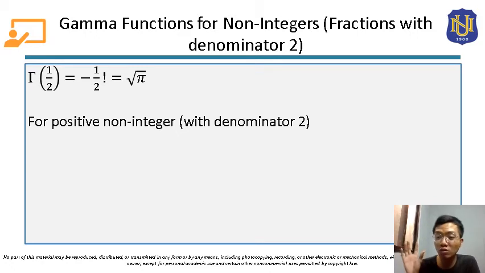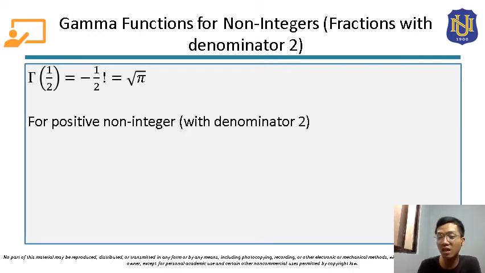We are going to use that in solving for the Laplace transform, because we know that the Laplace transform of t raised to n is equal to n factorial over s raised to n plus 1, right? So we are going to apply factorial there.